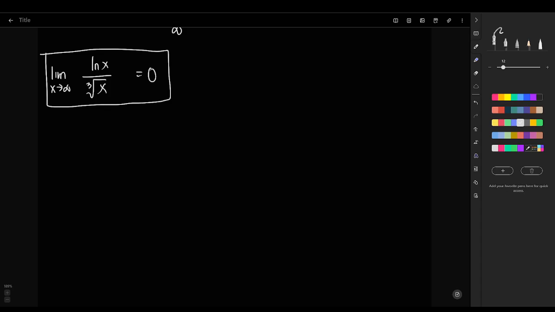Okay, more examples. Another example would be the limit as x approaches 0. The rational expression here is tangent x minus x all over x cubed.